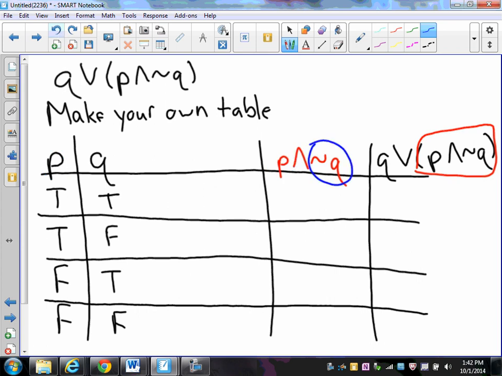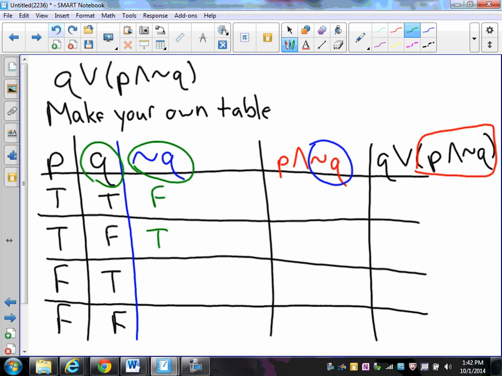I do not have not Q. So all I do for not Q is I use the preceding column. Not Q and Q. So all I'm doing is changing the values. False, true, false, true. You see how they're the opposite from what we had before? So now I can solve P and not Q.